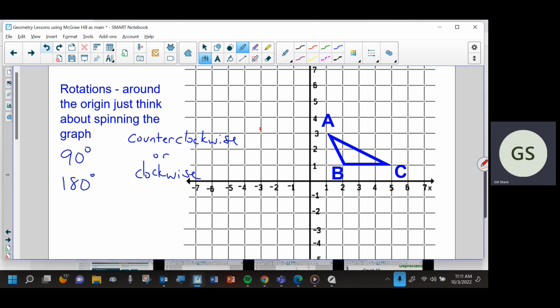I'm going to get rid of this stuff in a minute. So that is counterclockwise, and that's going to be clockwise. I'm not going to write those words all the way out from now on. So if I write CW, that means clockwise, and CCW means counterclockwise. So if I tell you to rotate that figure 90 degrees counterclockwise, tell me something about what's going to happen to that figure.